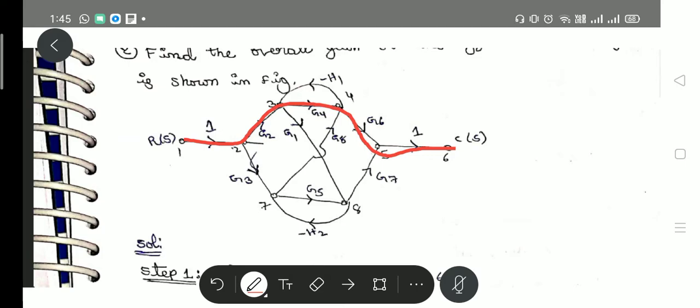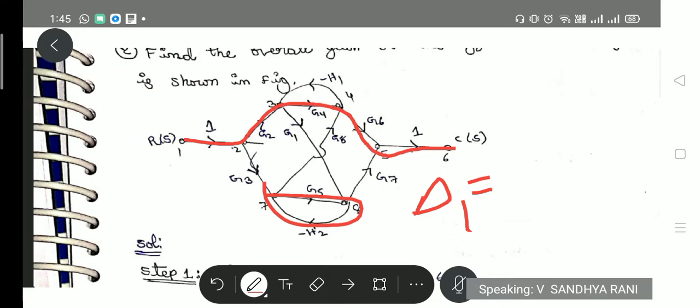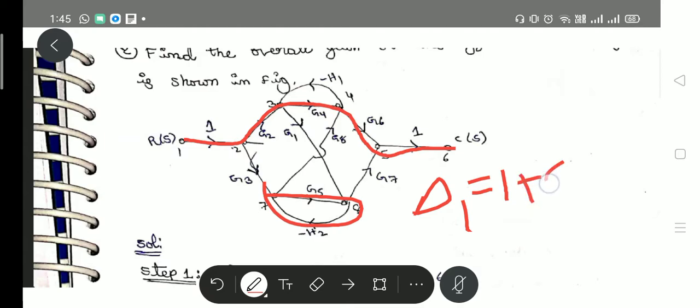Anyone tell me? Here the non-touching loop for the first forward path is 7 8. This loop is non-touching to this forward path, right? So delta 1 is 1 minus this loop gain. This loop gain is minus G5 H2, so 1 minus into minus gives plus. So 1 plus G5 H2. This is delta 1.